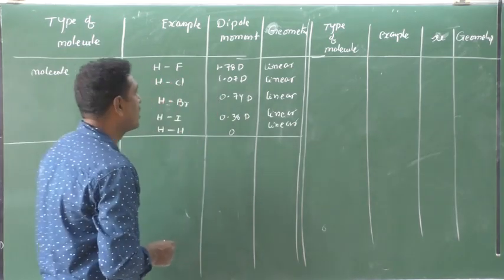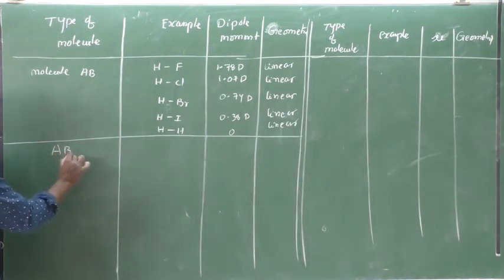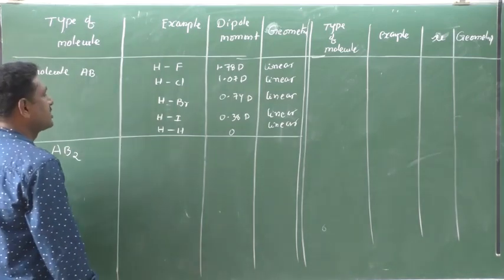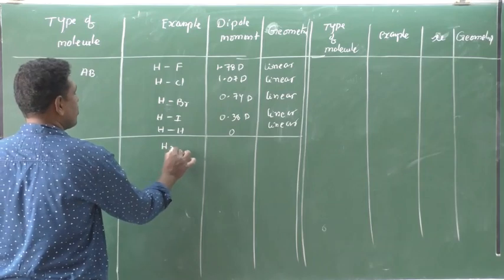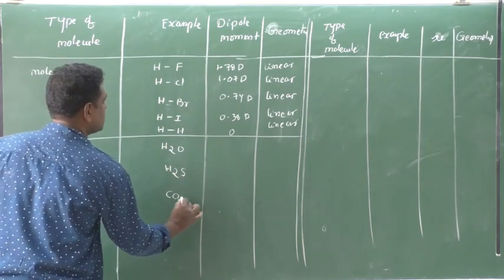Same thing I will explain here for AB type and AB2 type molecules. For AB2 type molecules, I will take 3 examples here: H2O, H2S and CO2.